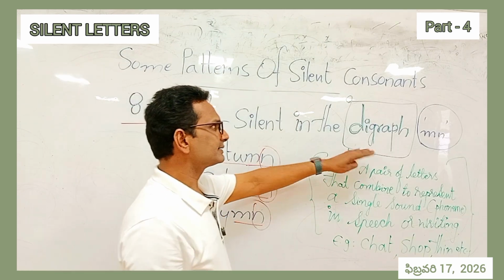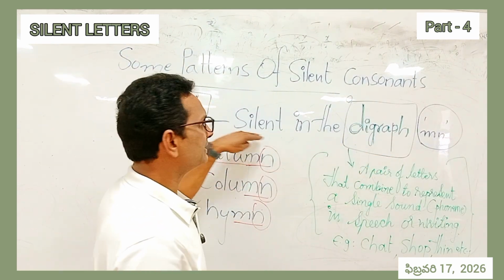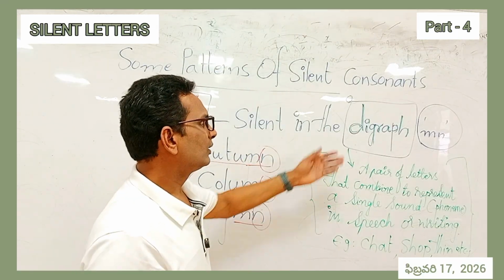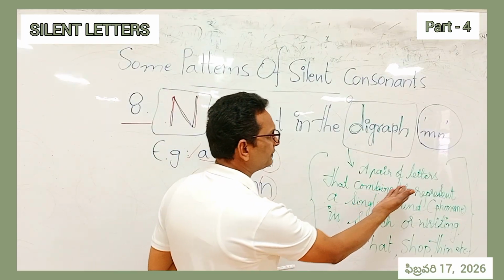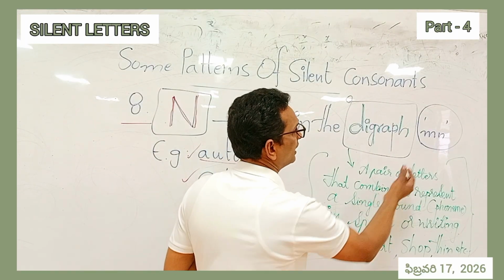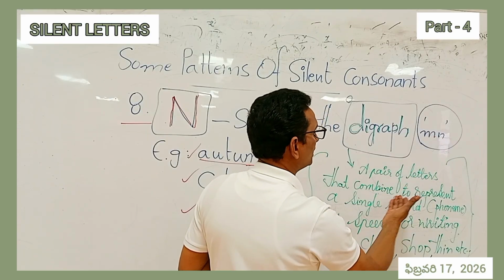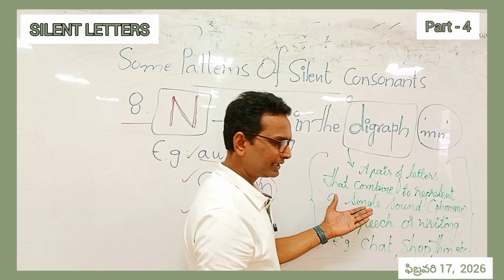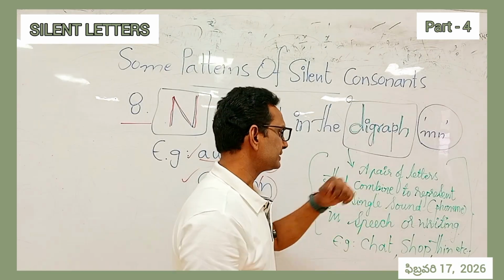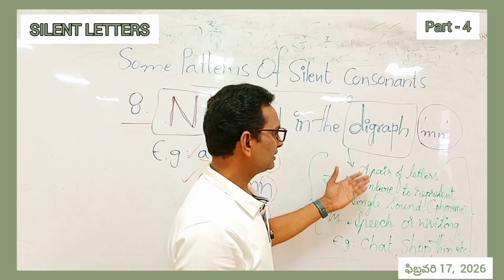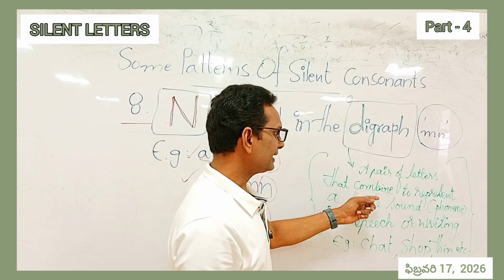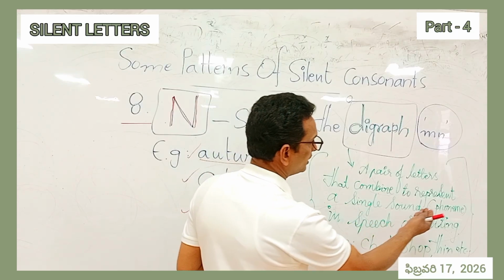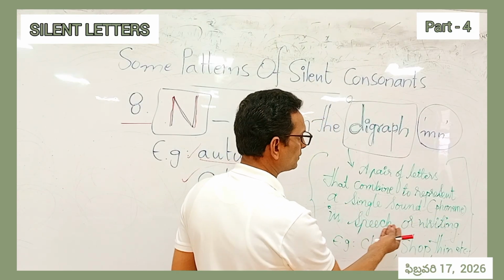Now let's take a look at this particular word which is present in the text. This is the instruction, or else the proposition, which has been given here. What is a digraph? A pair of letters that combine to represent a single sound, called a phoneme, in speech or writing.